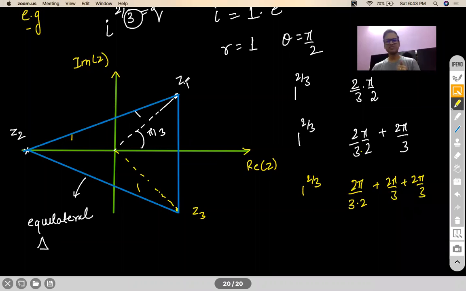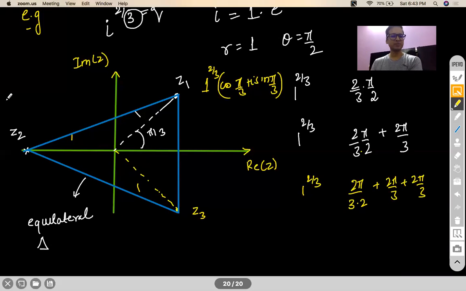Okay. Let's figure out what are these Z1, Z2, Z3. Z1 will be 1 to the power 2 by 3, cos pi by 3 plus i sin pi by 3. Okay. Z2 will be 1 to the power 2 by 3, which is actually 1. There is no point writing 1 to the power 2 by 3. It sounds so stupid to write it like that. And this will be pi by 3 plus 2 pi by 3, which is pi, so cos pi plus i sin pi.